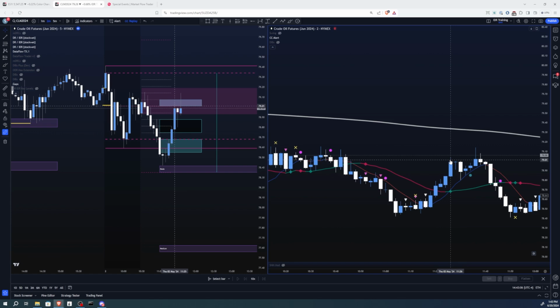I'll answer Dan's question. Do you take the color change on the break of the previous candle body, or do you wait for it to close the break of the previous candle and enter on the next candle? I have to think through your question and make sure I get your question right. Do you take the color change on the break of the previous candle body?